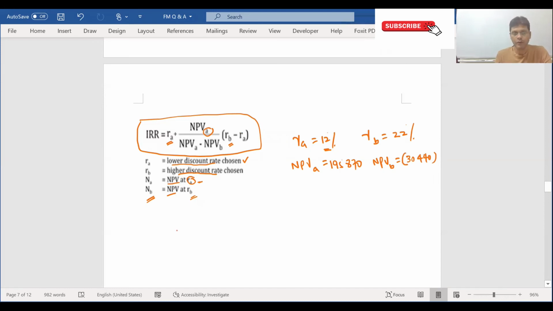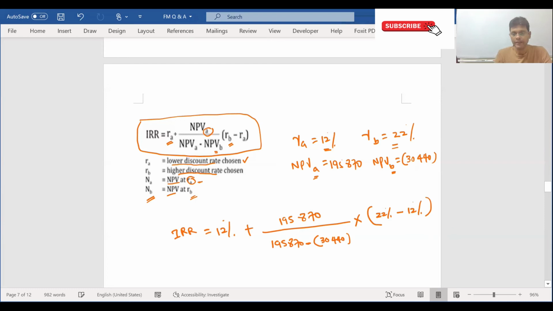Now let's apply the formula. So IRR is equal to RA, which means 12%, plus we have to take NPV at A, which is 195,870, divided by NPV at A again, 195,870, minus NPV at B, which is minus 30,440, times RB, the higher discount rate, minus the lower discount rate.